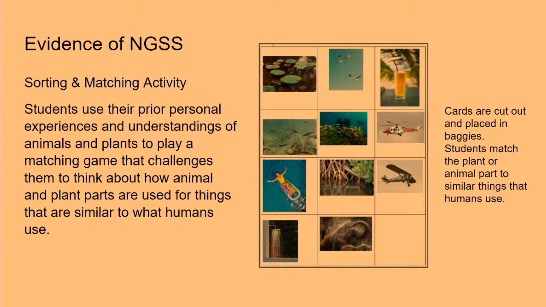And then they had to decide which ones matched. So for example, they might match the bird with the airplane, because the bird's wings help the bird fly. And then we were inspired by the bird to come up with the solution of an airplane to help us fly. So this was a way to get them acquainted and thinking about the material.